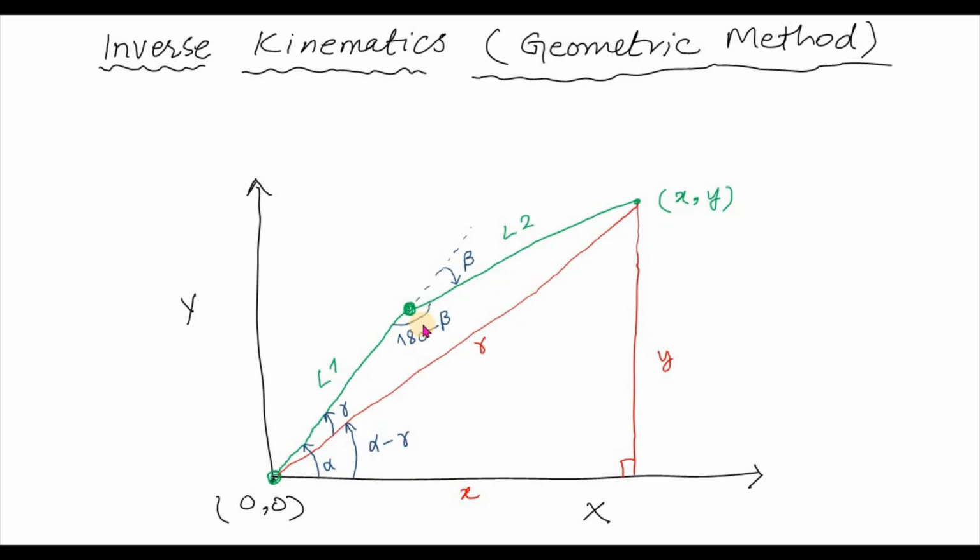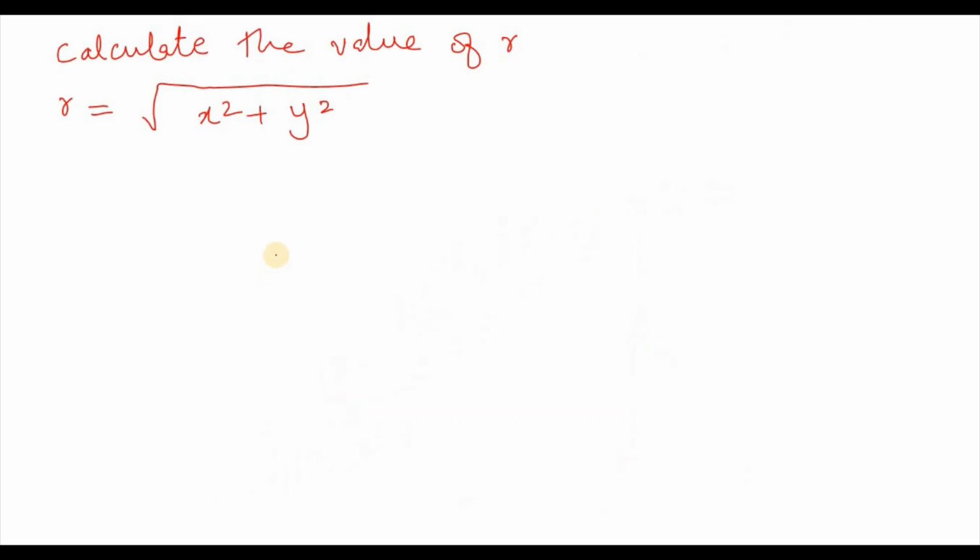So the cosine law says that a square plus b square minus 2ab cos theta is equal to c square.